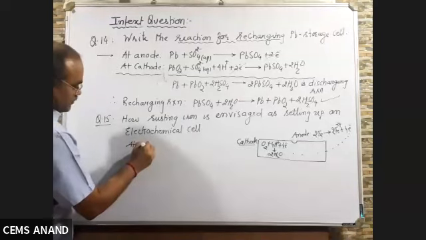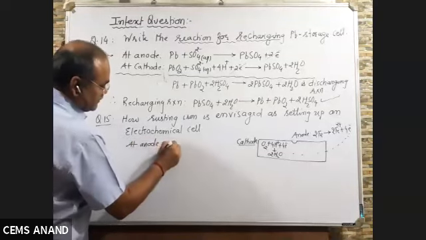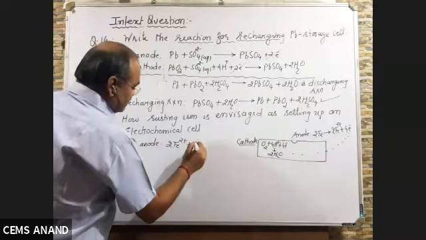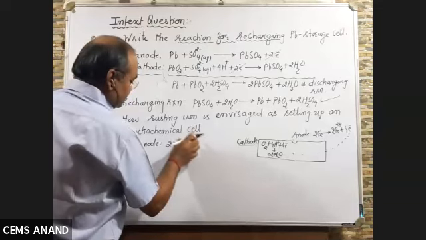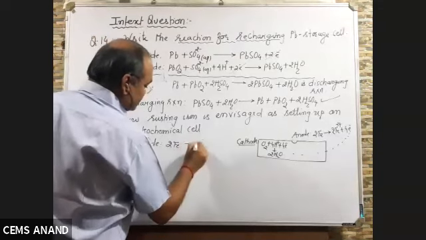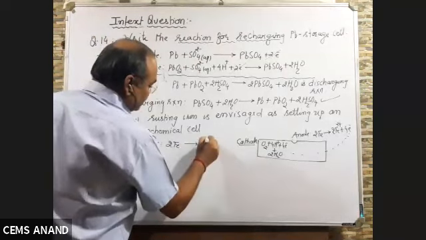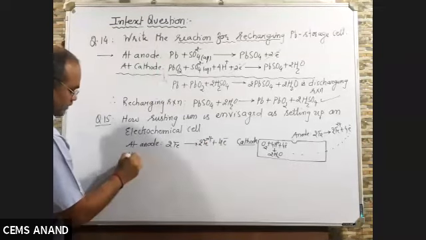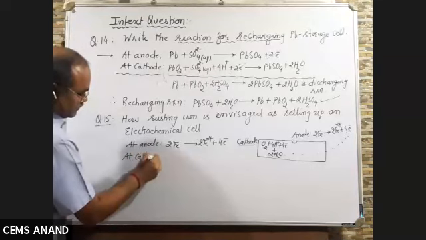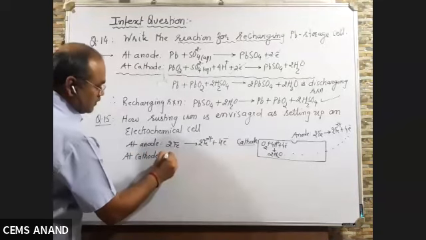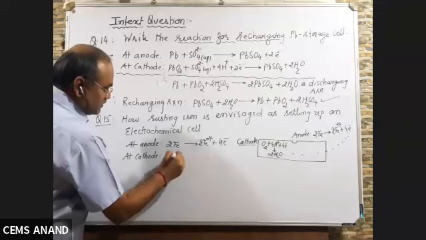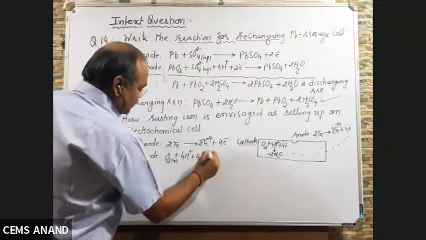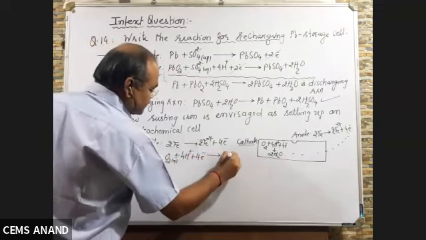So you can write at anode, 2Fe gives 2Fe2 plus plus 4 electron, and at cathode, O2 gas from the air combines with 4H plus, takes 4 electron and gets converted to 2H2O.